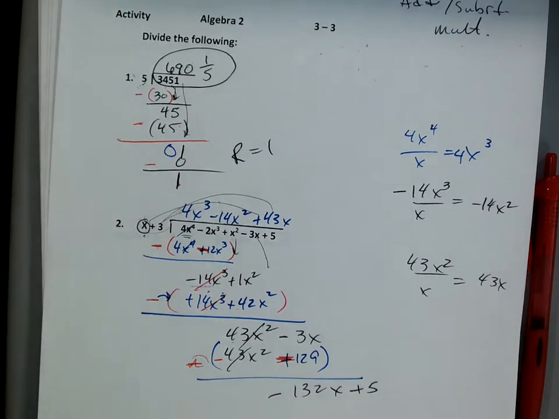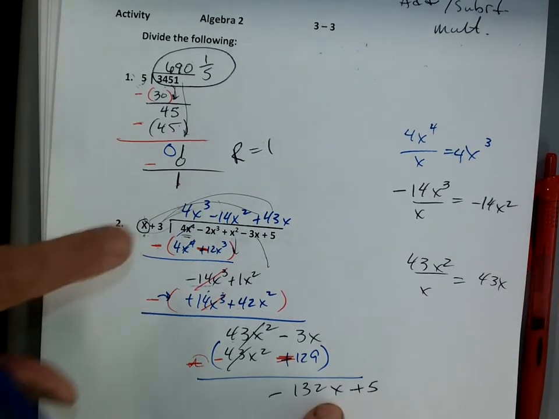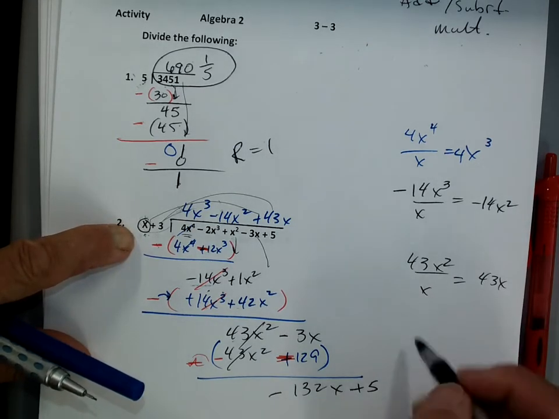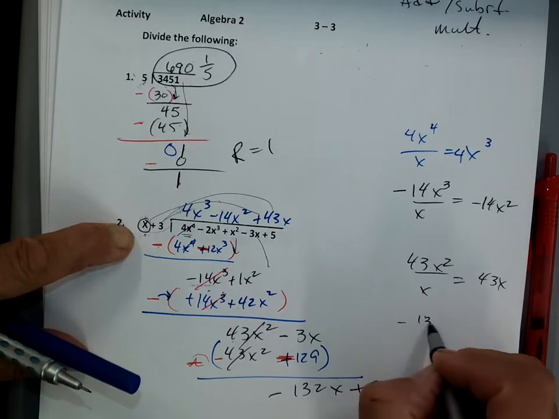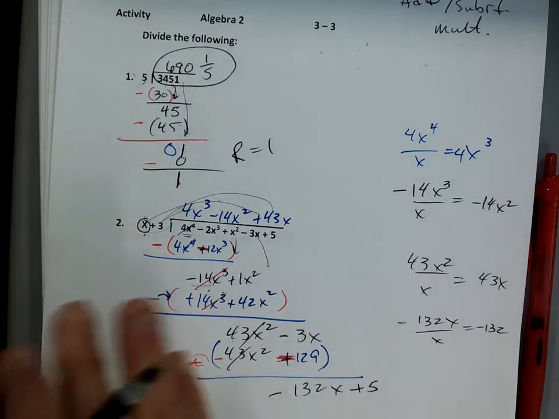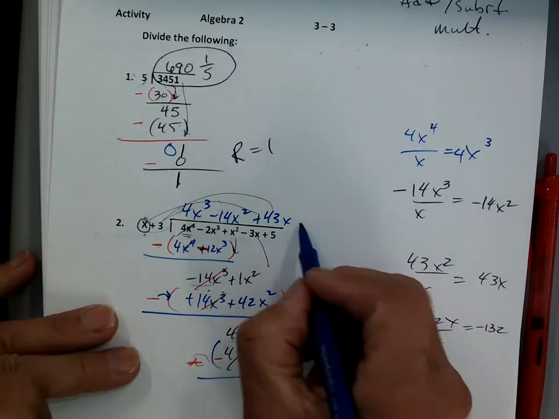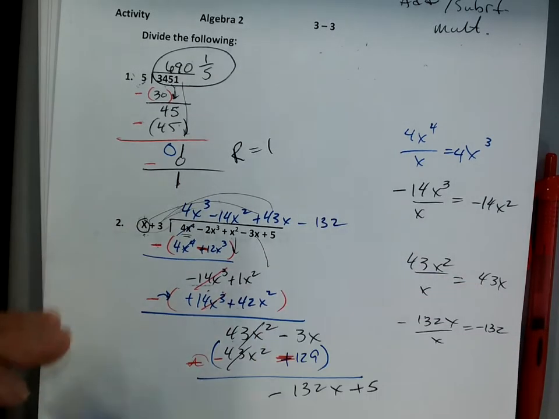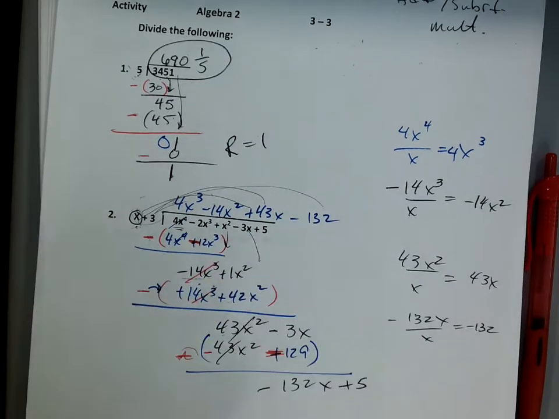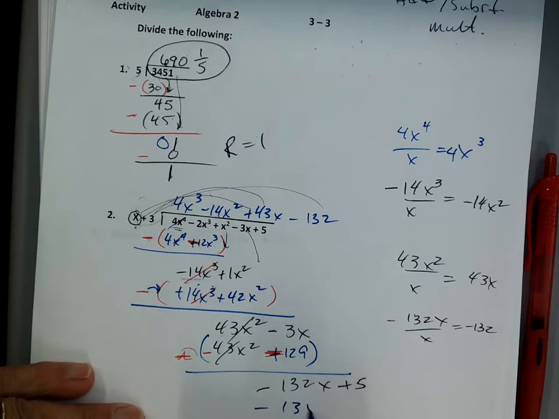The second one down here, slide down the 5, and I can still do a little bit more. x goes into negative 132x. Negative 132x divided by x is just negative 132. So we know it goes in negative 132 times. And then I'm going to multiply. This times this makes a negative 132x.